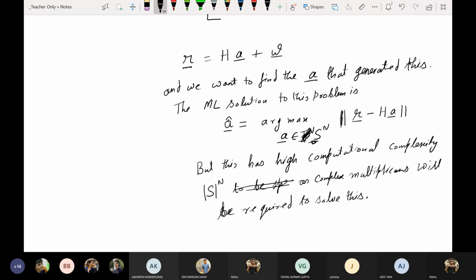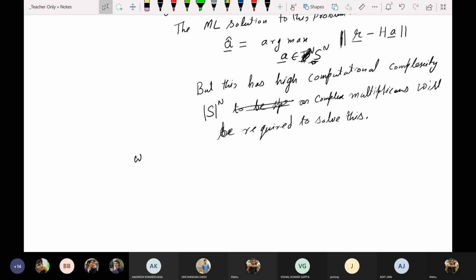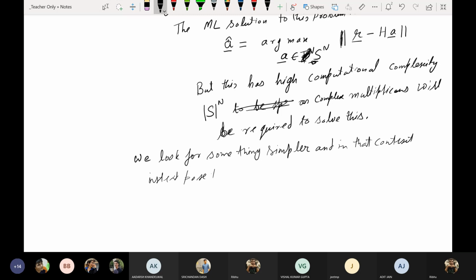So we look for something simpler. And in that context, instead pose the problem as, let us find the a hat equals, sorry, argmin. This should be min, not max.